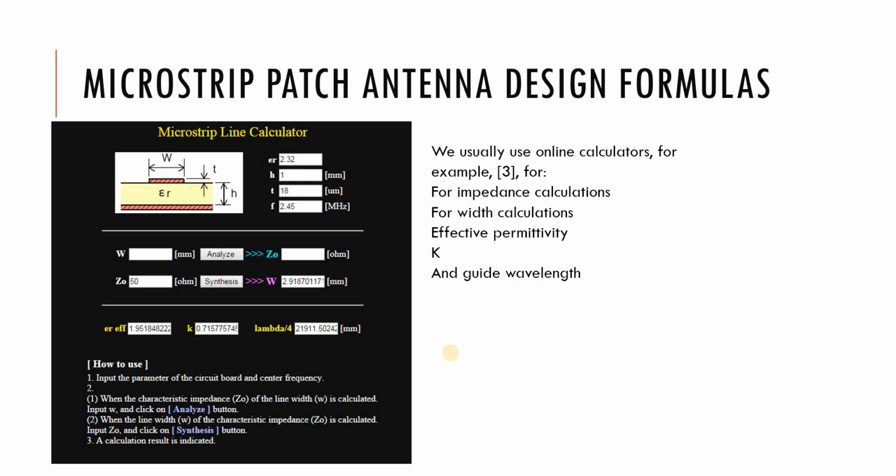There are some inputs and outputs that you can play with, and normally they are based on formulas and theory, and they are just calculators that enable you to get the features of them.